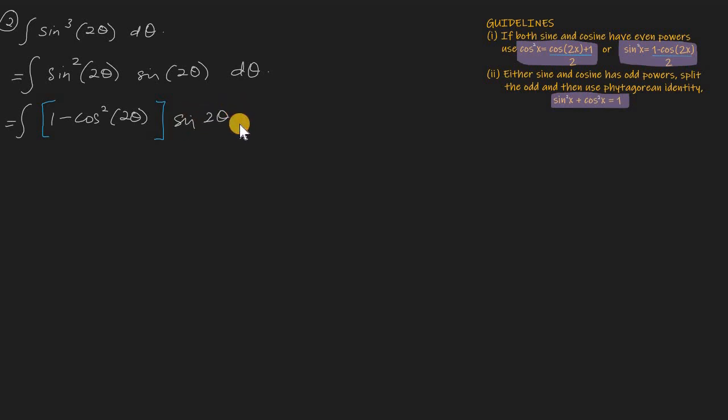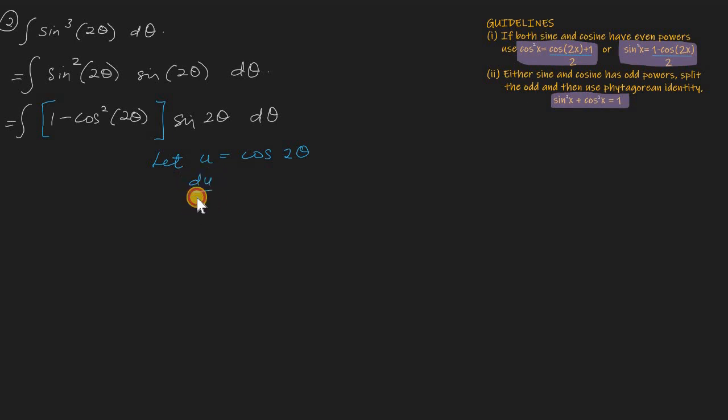Then we write back our sine 2 theta, and we use a simple u substitution. Because we can get rid of this sine 2 theta, the appropriate u will be cosine 2 theta.